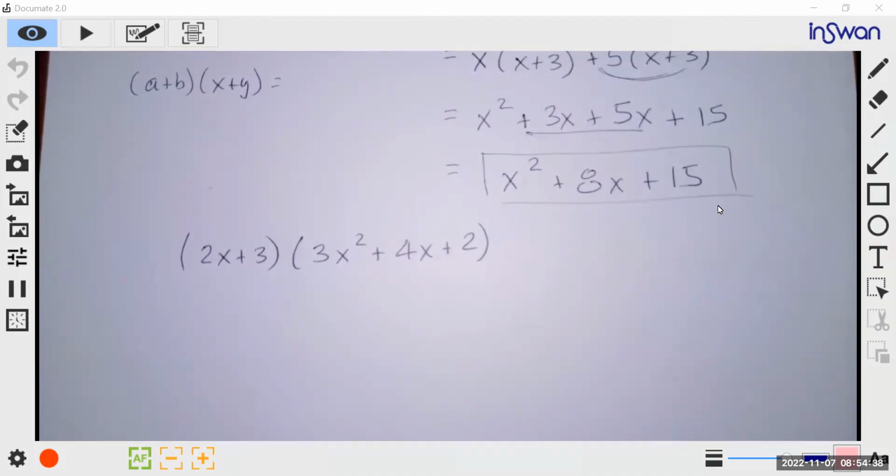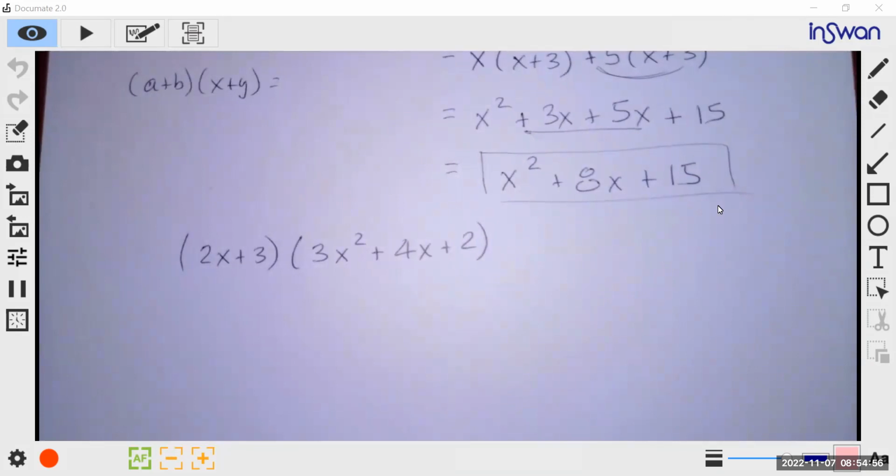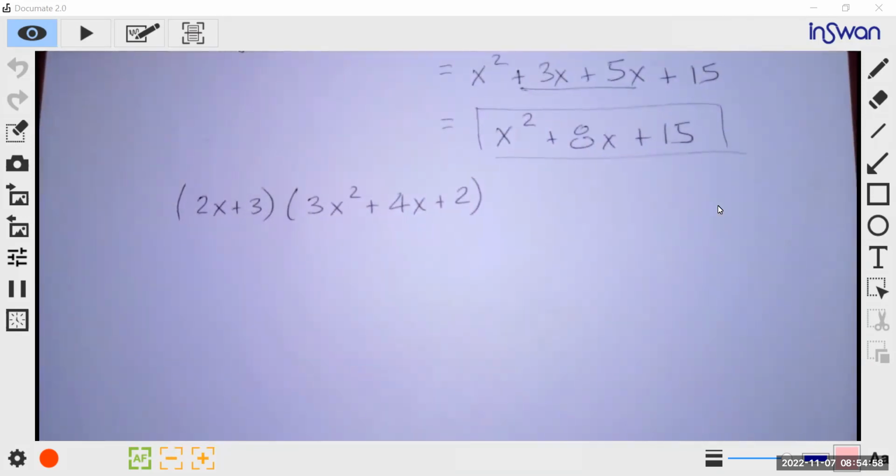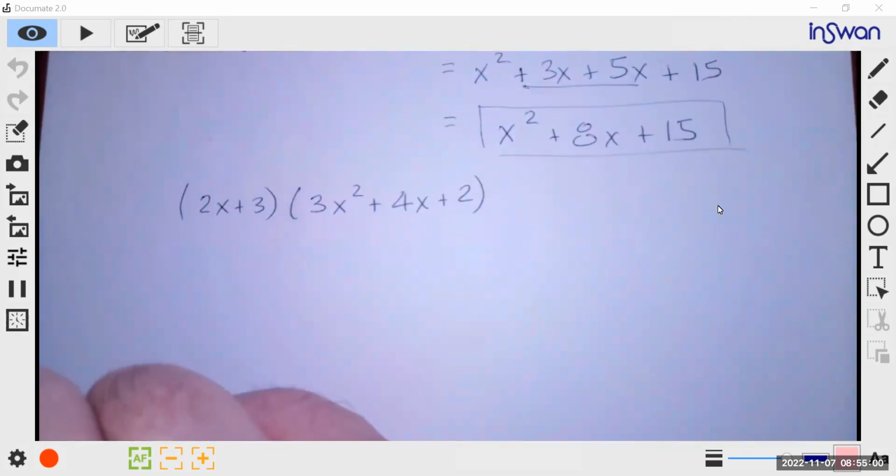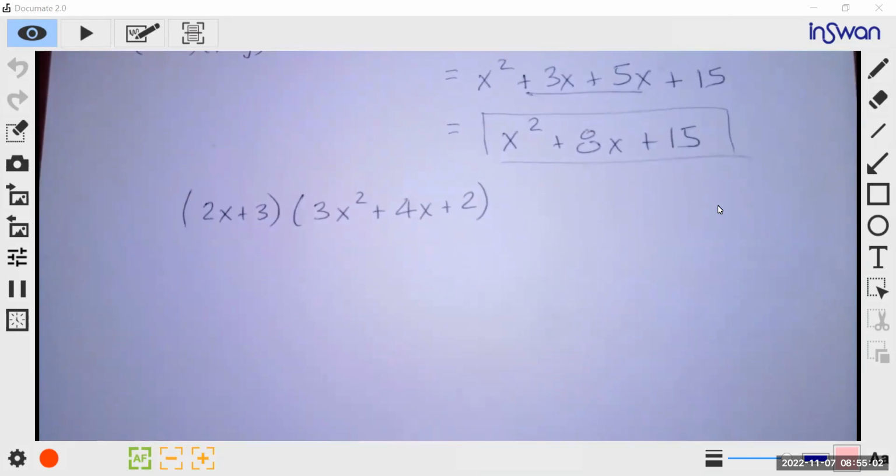First, outer, inner, it doesn't work anymore. So we can't use the first method, the FOIL technique. So let's look at the second, the distributivity method.